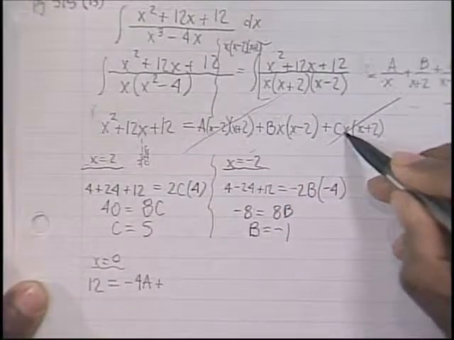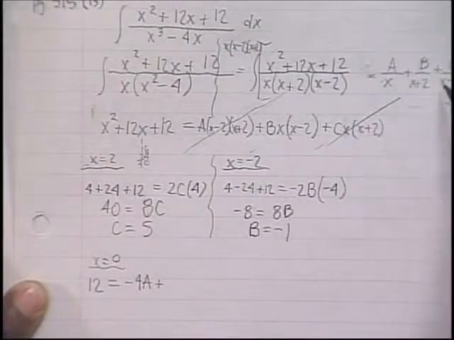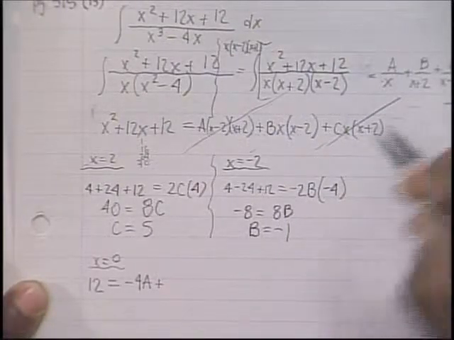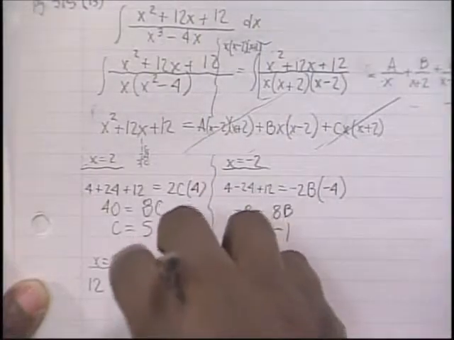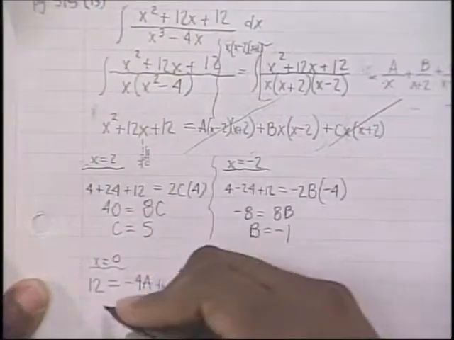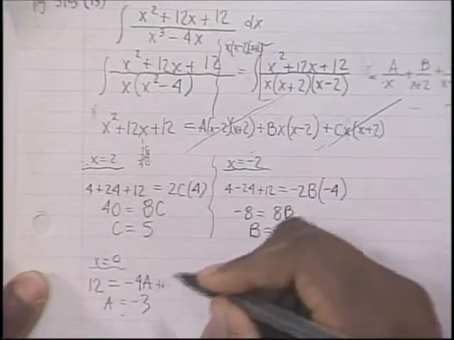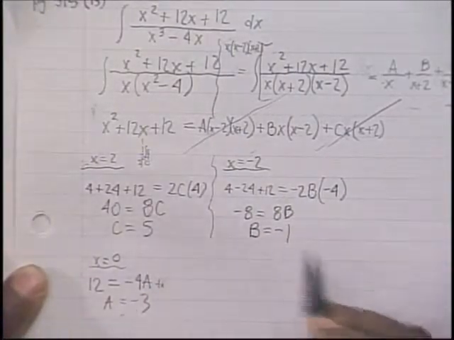So you can see that A is -3. So you have A, B, and C.